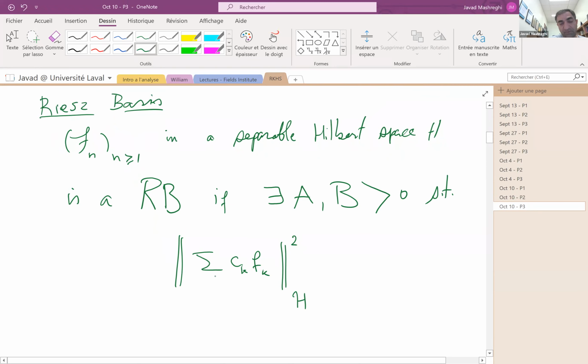Some books write a finite number of sums, but an infinite number is okay too. You can go to a limit. So either K from 1 up to M or from 1 to infinity is controlled from above and from below by the norm of the coefficient in L2, sum CK squared.